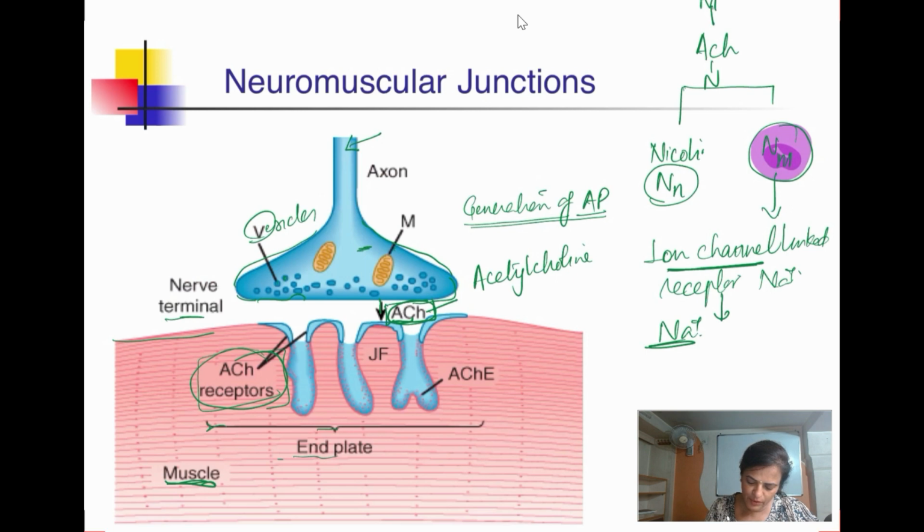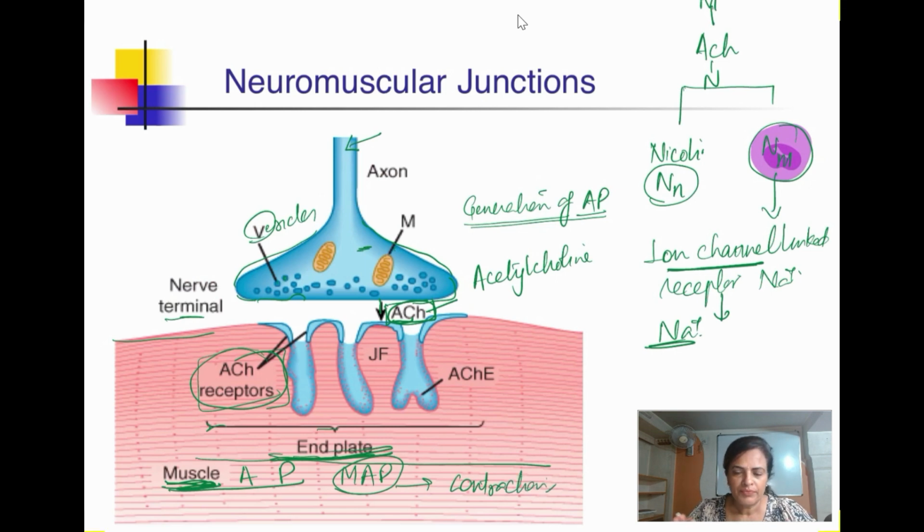So there is a depolarization of this end plate, and this depolarization is going to spread throughout and generate the muscle action potential, which is called the MAP. Now with the generation of muscle action potential, the muscle will contract. So this is a contraction.